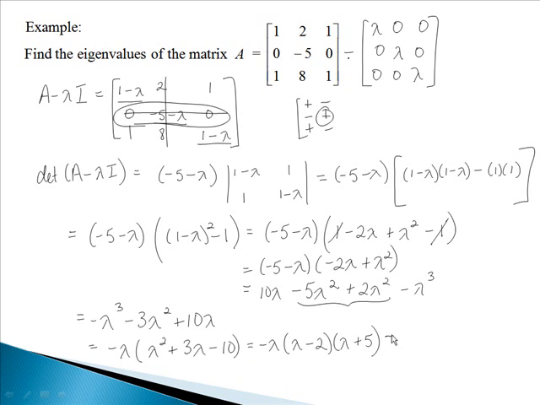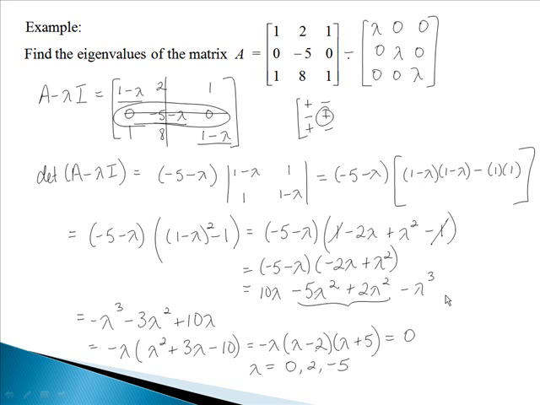And we want to set that equation equal to 0. So I'll set all 3 of my pieces equal to 0, and I'll end up with lambda being equal to 0, 2, and -5. So those would be the eigenvalues that we came up with.